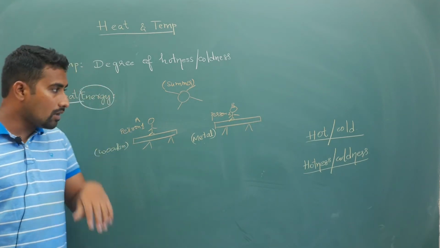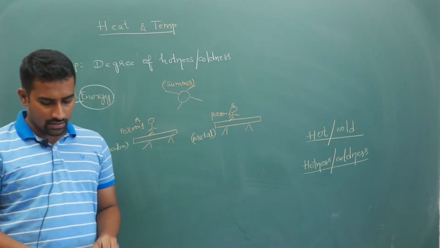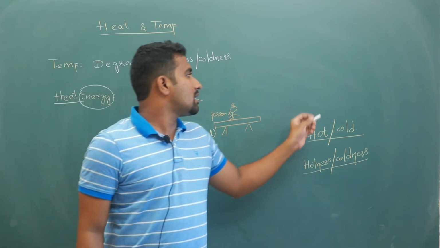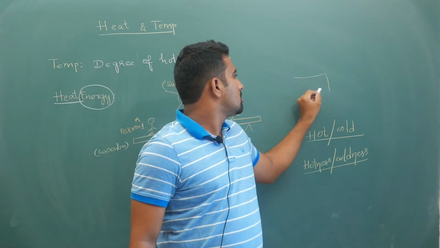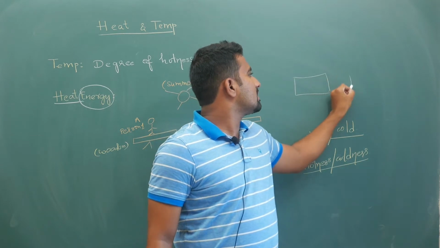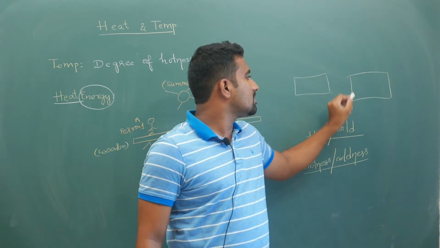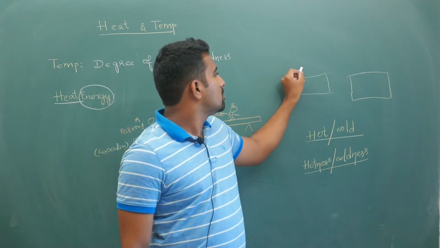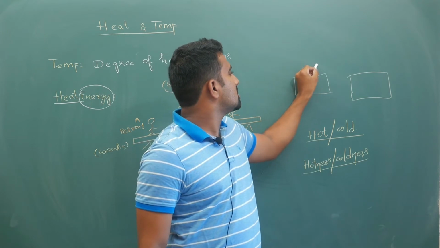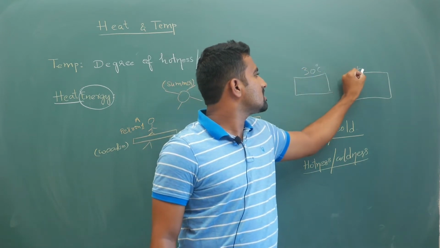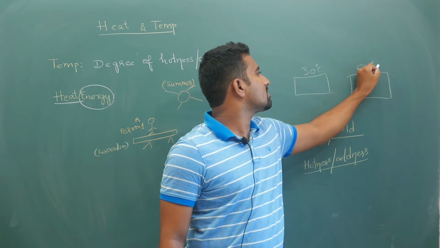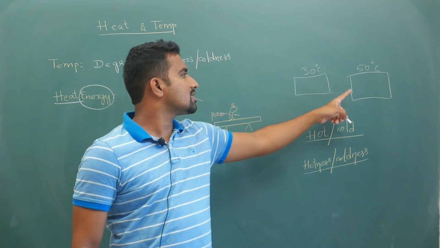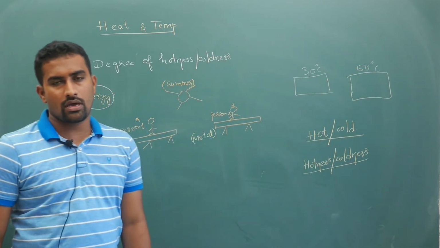In what way they are misinterpreted, I will tell you. For example, let us say there are two bodies here, this is at 30 degrees centigrade and this is at 50 degrees centigrade. So these two bodies are at different temperatures.